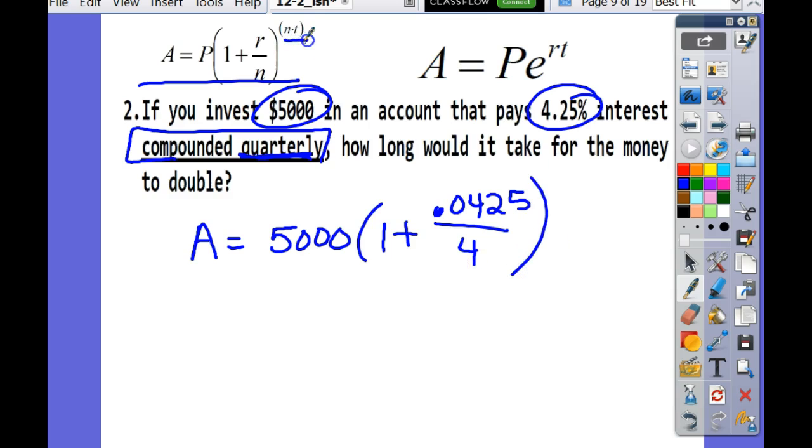And so then this is 4t because it says how long. We don't know the time. But there is one more thing we know in this problem. We want to double our money. If you double 5,000, how much do you get?